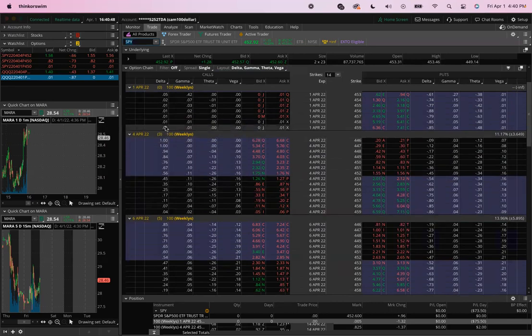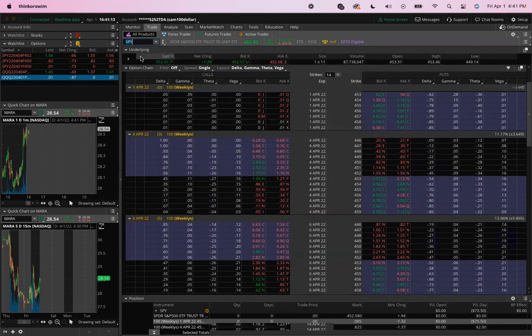Delta determines the price of the option, but then Gamma determines the price of where Delta will be. Theta determines the price of the option as well, based on how much time is left on that option. And then Vega determines a piece of the price as well, based on the implied volatility of the underlying security, right? So in this case, we're looking at SPY contracts, the implied volatility of SPY.